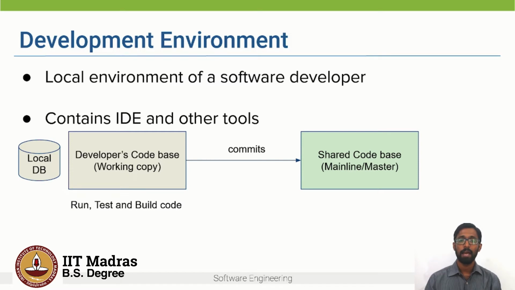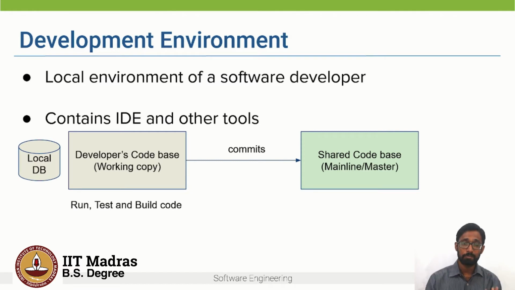Then they commit this code to the shared code base. It might be a version control system which maintains this code base, and this code base is known as the mainline or the master branch, and the developer's code base is known as the working copy.